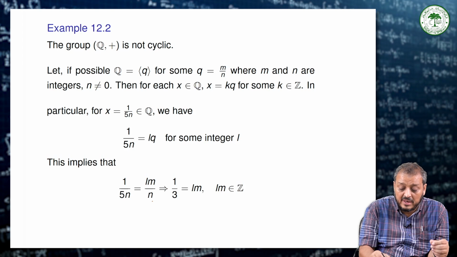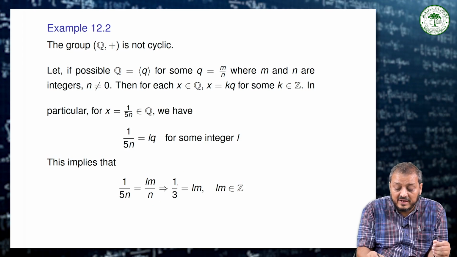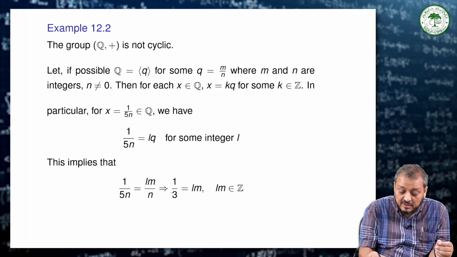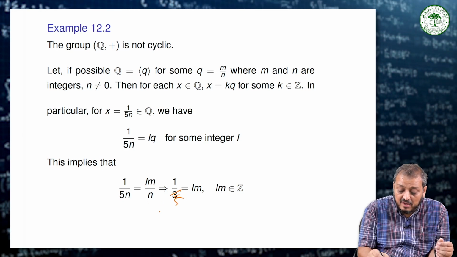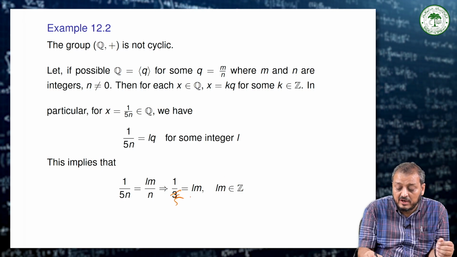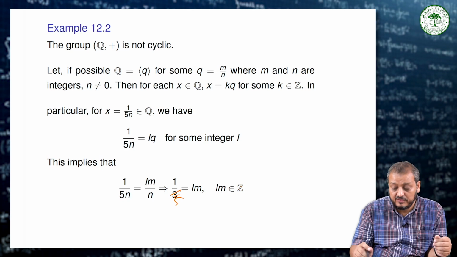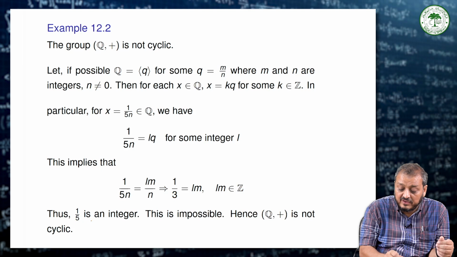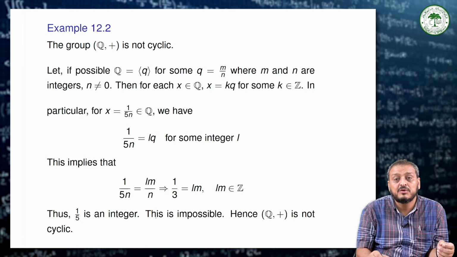So 1 by 5 is equal to l times m. Here l and m are integers, so lm is an element of Z. So clearly this says 1 by 5 is an integer. This is impossible.